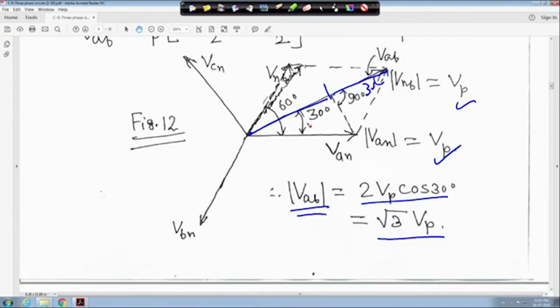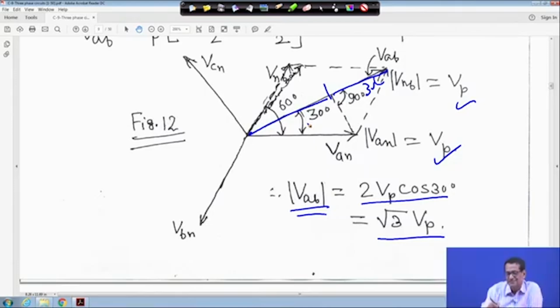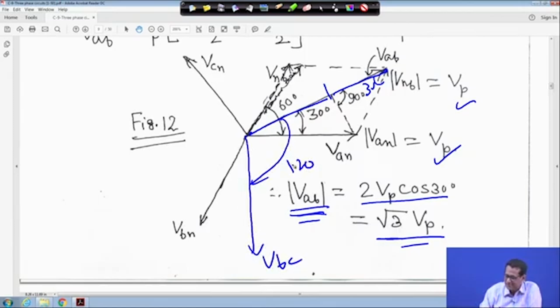That means whatever we did just now, the line to line voltage magnitude will be root 3 times the phase voltage magnitude. Similarly for BC and CA you will get the same, only with a 120 degree phase shift, right? If it is VAB like this, then VBC will come here, because this angle is 120 degrees.